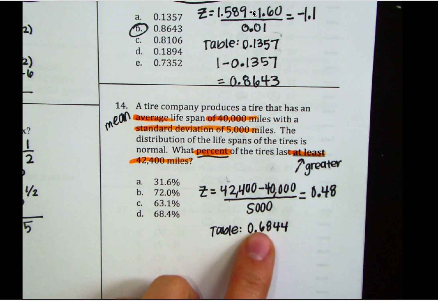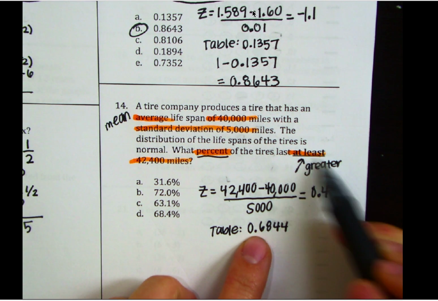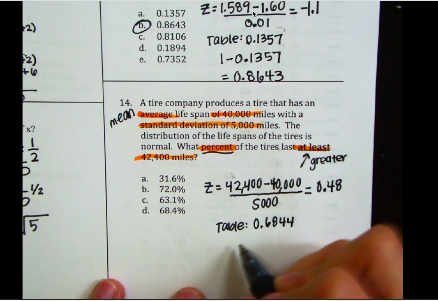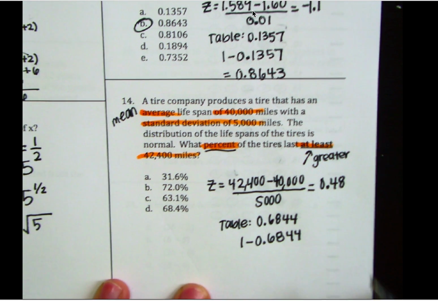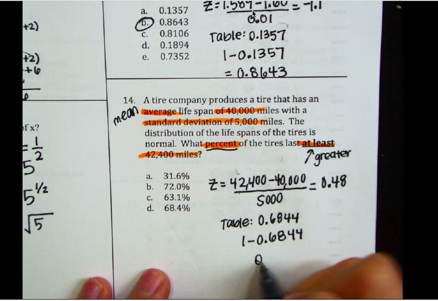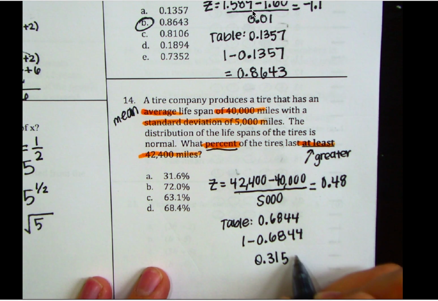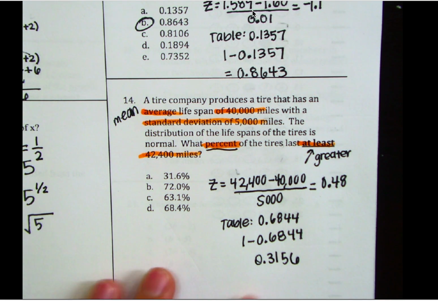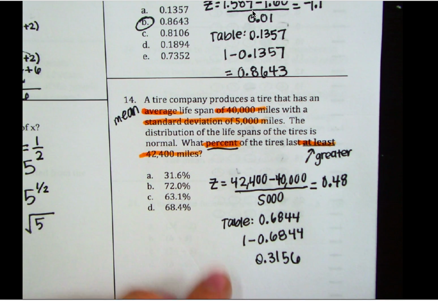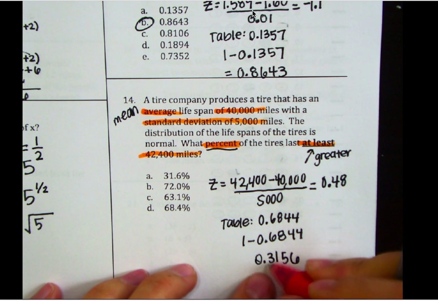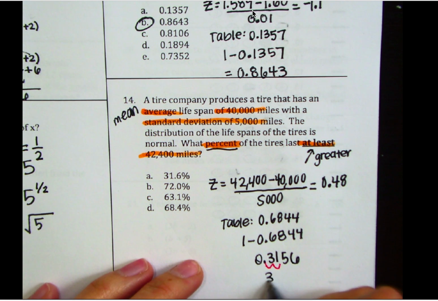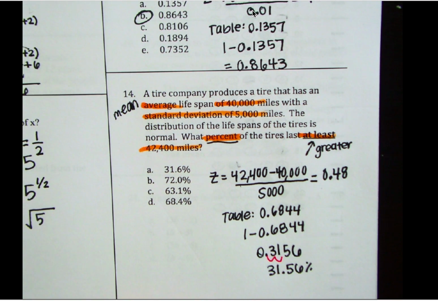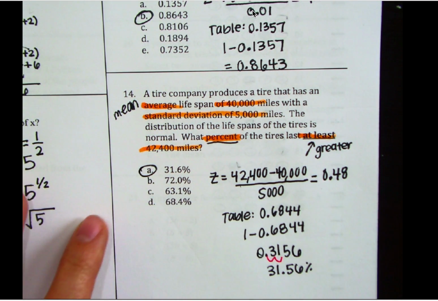So remember, that value is for less than. We're looking for greater than in this problem, so we are going to subtract that value from 1. So we get an answer of 0.3156. All right, so they're asking us for percent. So remember, to find percent, you just take this area or this proportion and move your decimal twice. So my answer would be 31.56%. So my answer is A.